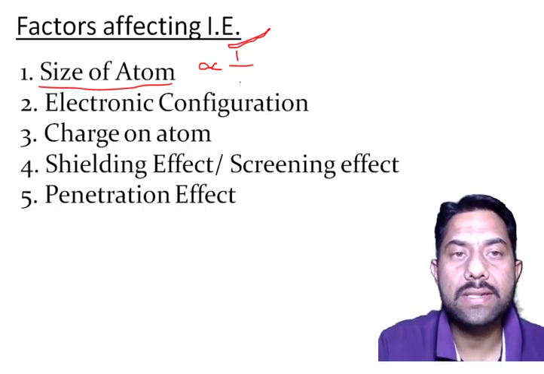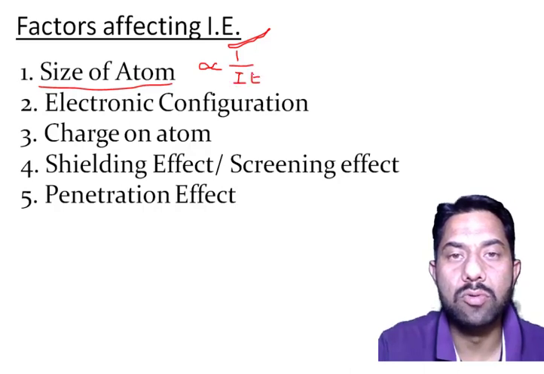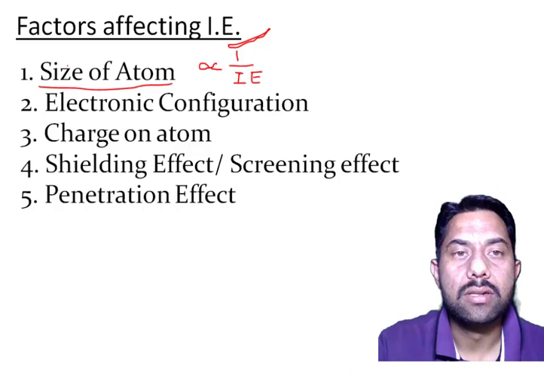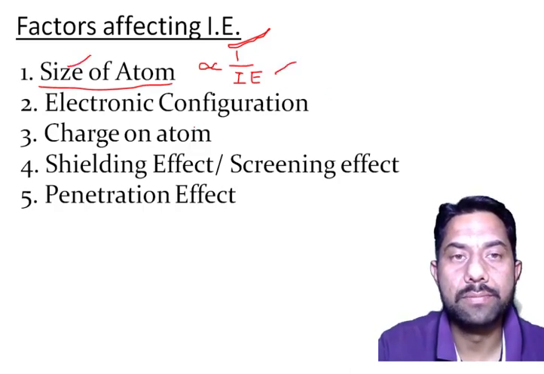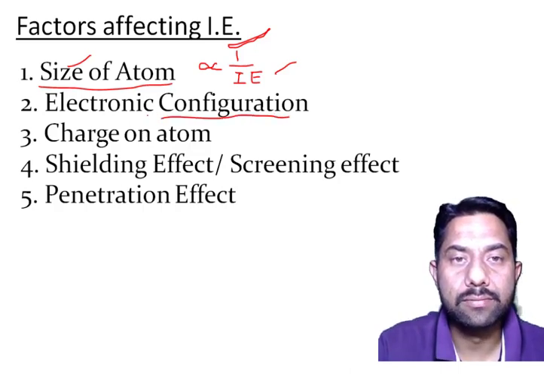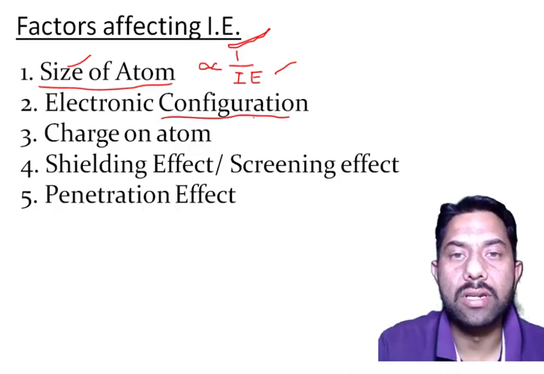So with size, what's the relation? The greater the size, the smaller will be the ionization enthalpy. Then the second factor we have discussed is electronic configuration.